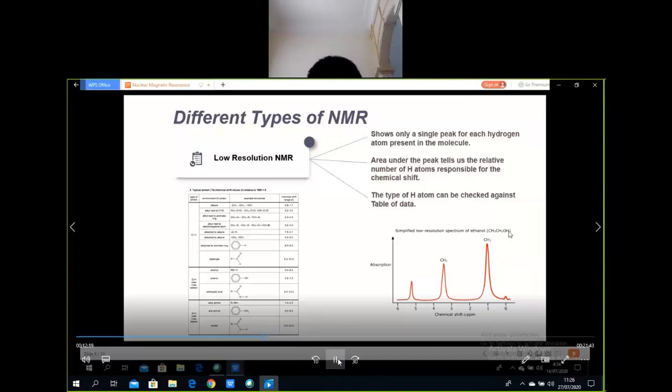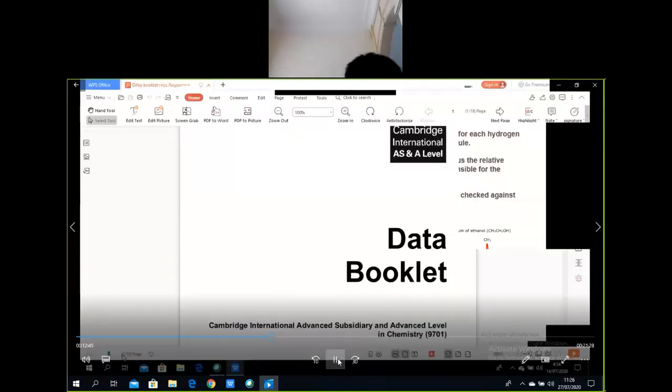This is the example I screenshot from the data booklet. On the data booklet, it is written here. I use the data booklet, in this soft copy, page 13. This one is based on the hydrogen environment.